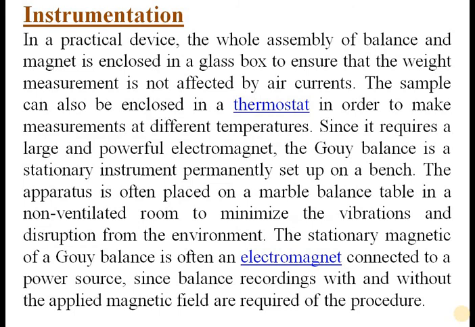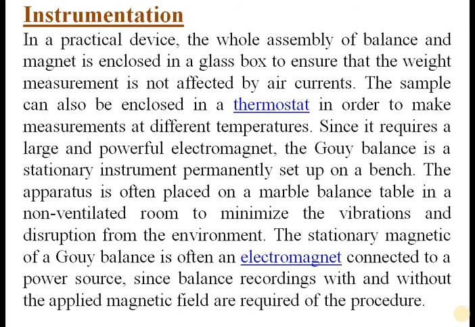Instrumentation: in a practical device, the whole assembly of balance and magnet is enclosed in a glass box to ensure that the weight measurement is not affected by air currents. The sample can also be enclosed in a thermostat in order to make measurements at different temperatures. Since it requires a large and powerful electromagnet, the Gauss balance is a stationary instrument permanently set up on a bench.